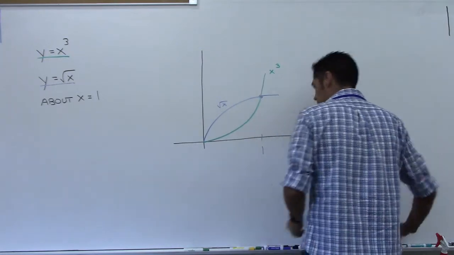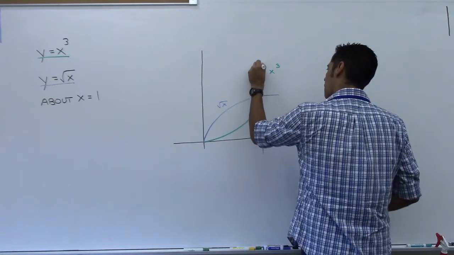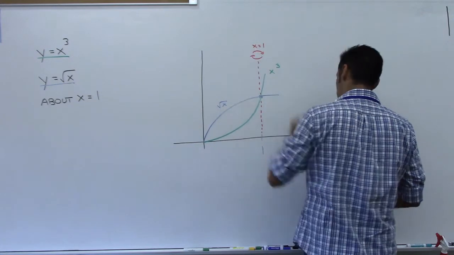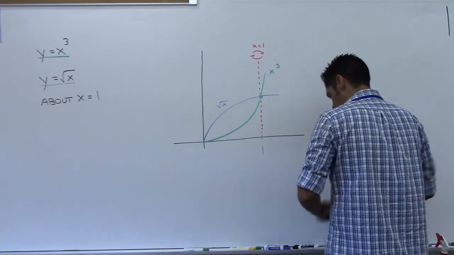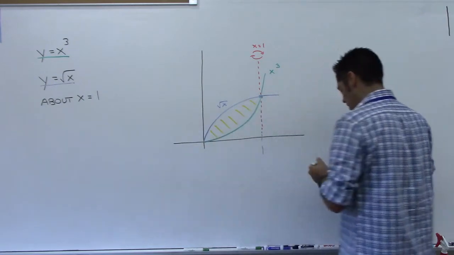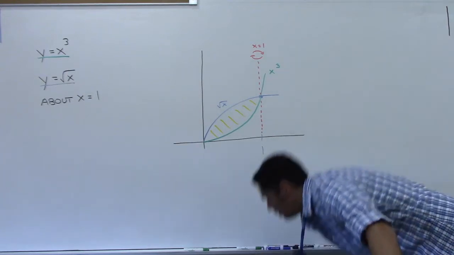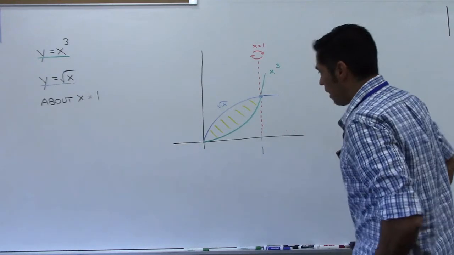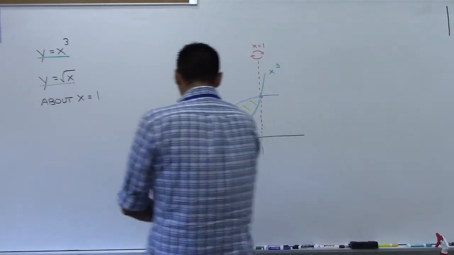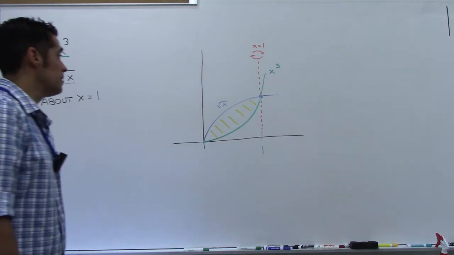But we're trying to rotate this around this line, which was x is 1. And my region here is there. So now there is a technique I can use called the method of shells, which I will talk about in class, but let's try and do this one with the method of washers and discs.